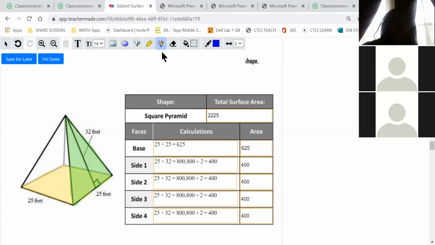So now I can write my units here, 2,225 square feet.